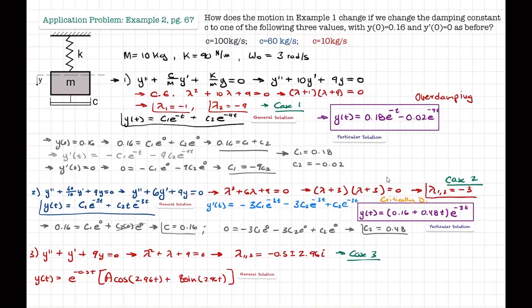So after we apply everything, I'm not going to do the whole process again. After we apply the initial conditions, you guys can do that on your own, or you already saw the example.